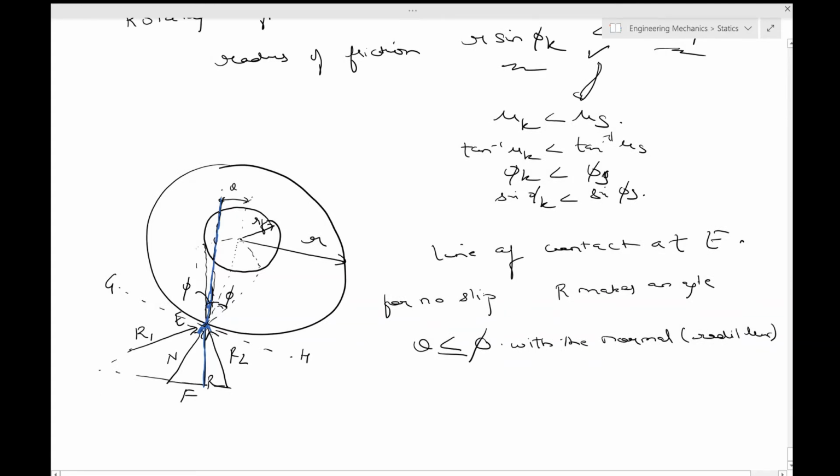So this also implies that the line of action of R, the blue line which you see, R lies between, I think it's a vector, so I should show it with a vector.